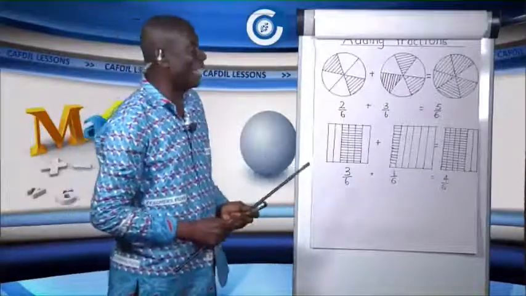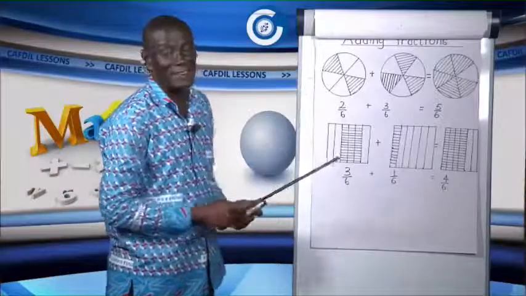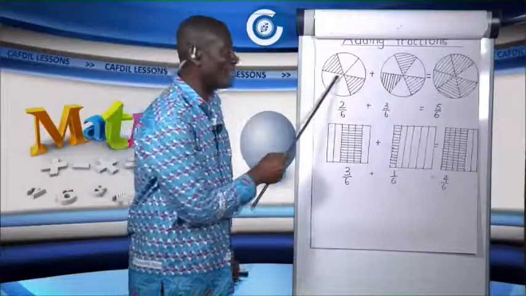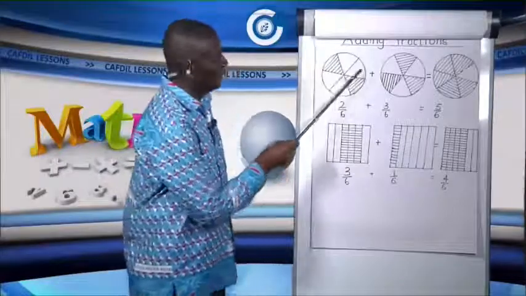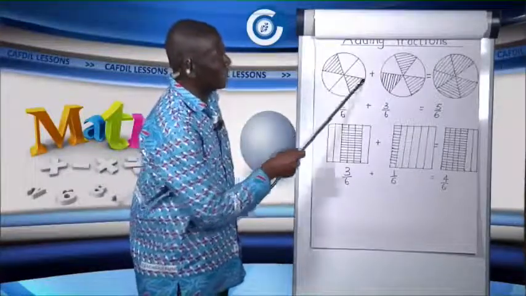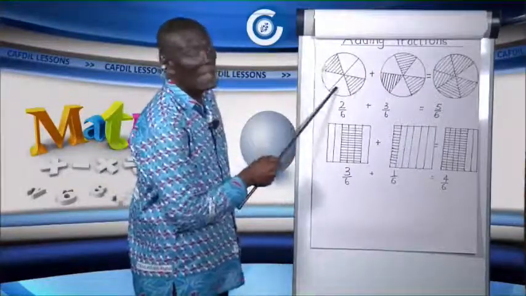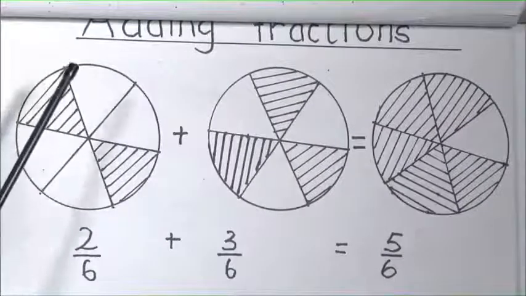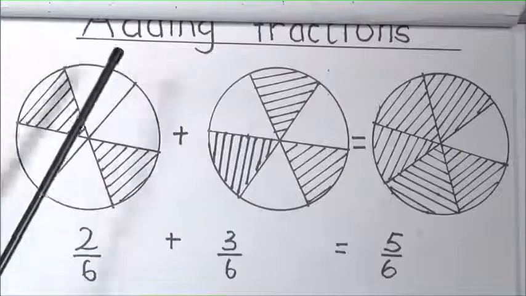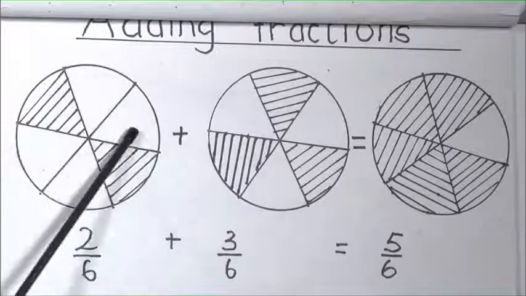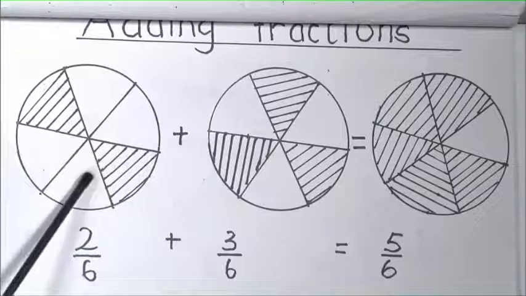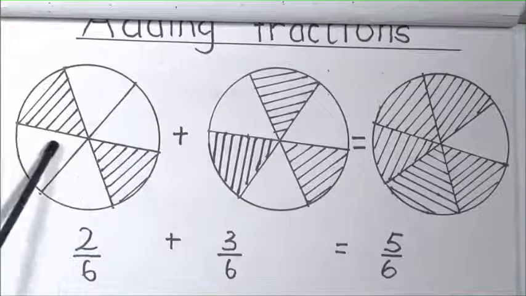Remember, we said we will find fractions and add them. Here we are. Look at this circle. How many parts do we see inside? 1, 2, 3, 4, 5, and 6.